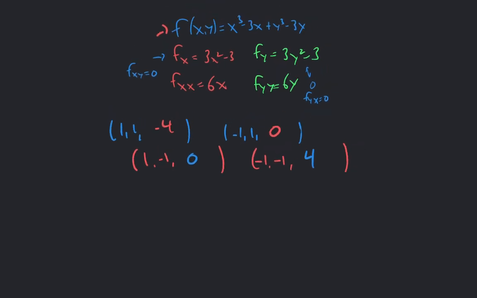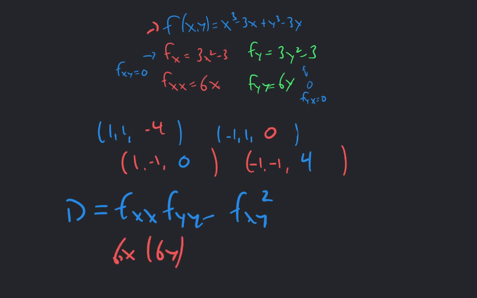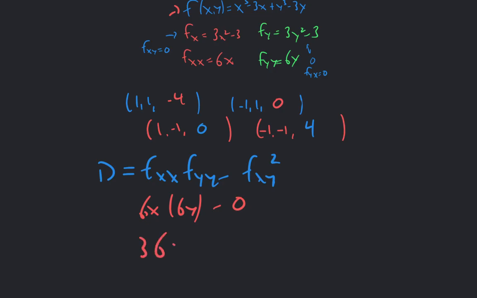So when we do our second derivative test, remember d is equal to fxx fyy minus fxy quantity squared. So we have 6x times 6y minus 0, or 36xy.